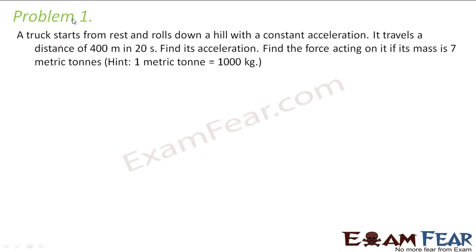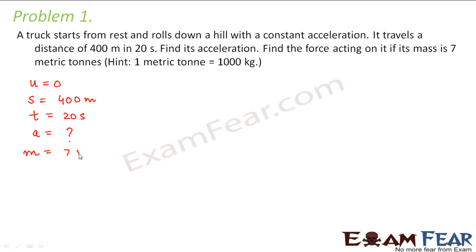So the truck starts from rest, that means the initial velocity is 0. It travels a distance of 400 meters, that means the distance covered is 400 meters in 20 seconds. So time is 20 seconds. Find its acceleration. Find the force acting on it if its mass is 7 metric tons.